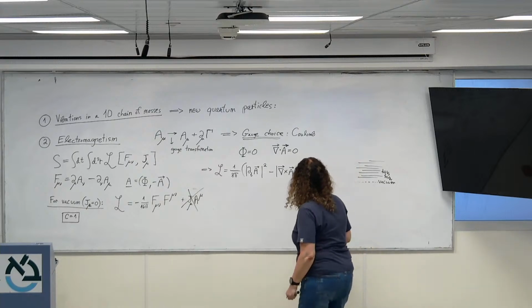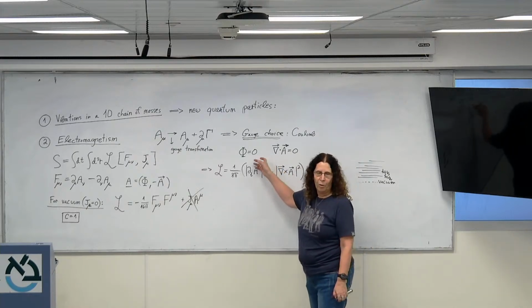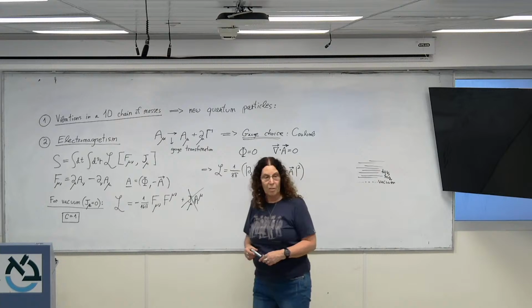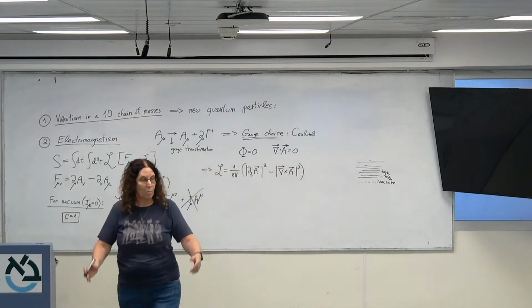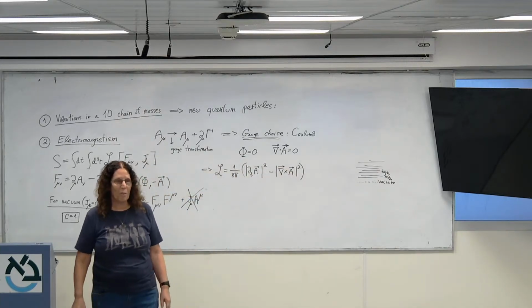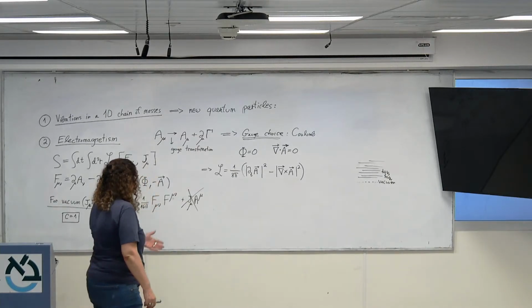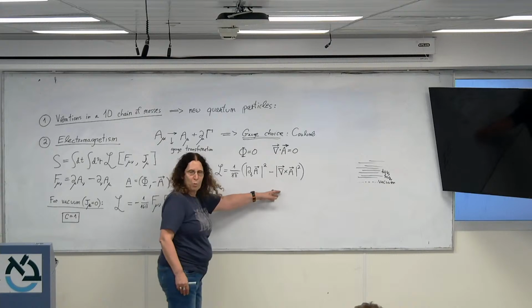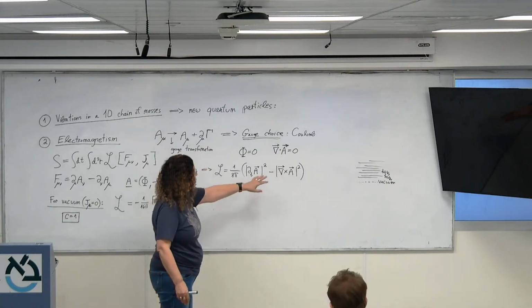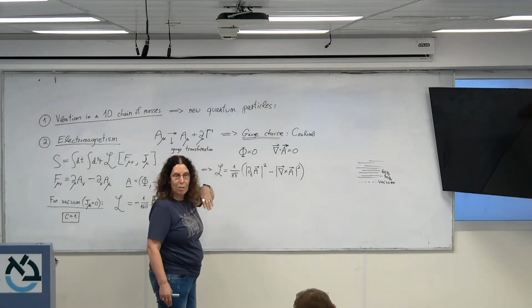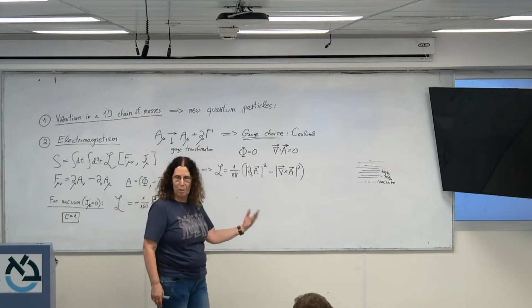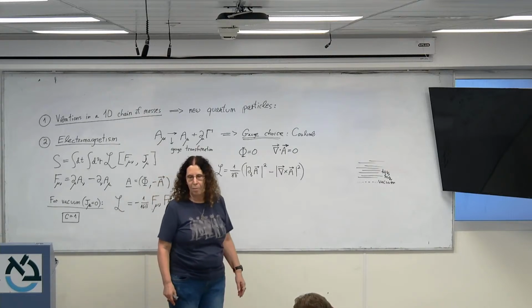But this one is very popular for a lot of problems, and I'm just choosing it to simplify things. It's not the only possibility that gives you something simple. It's going to be different, but of course any physical observable does not depend on that.